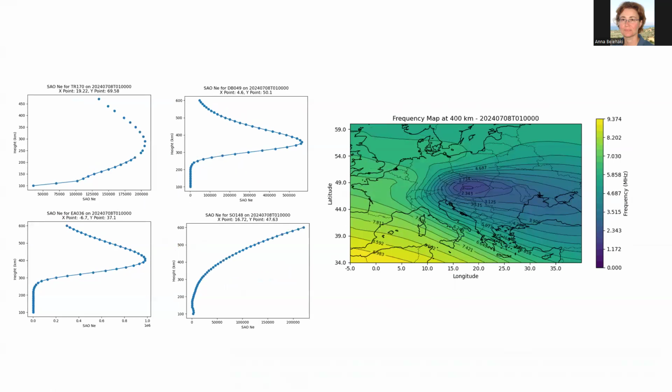Here you can see the same map, but in this case, the input files from the Digisonde have some issues. For instance, to reconstruct this map, we use electron density data from Tromsø station again, from Dourbes, from El Arenosillo, and from Sopron. However, you can see that the Sopron electron density is wrong.